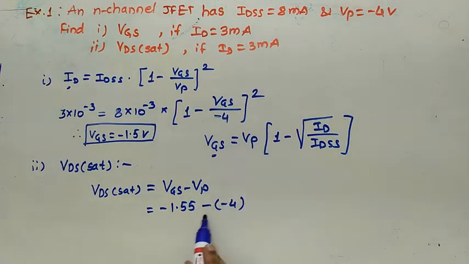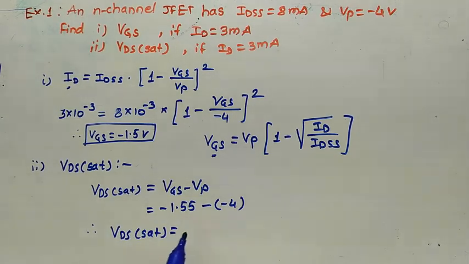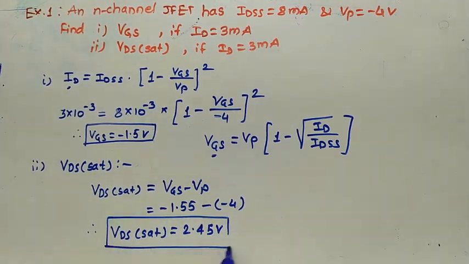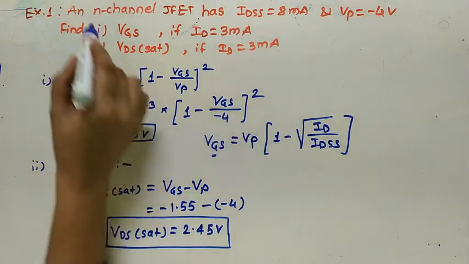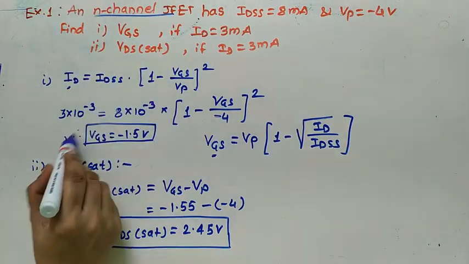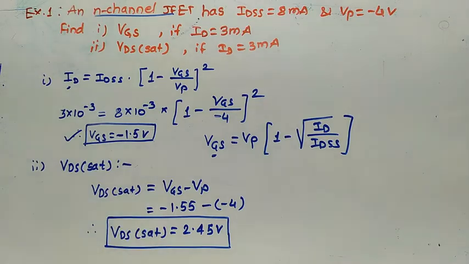So minus 4 will become plus, and plus 4 minus 1.55 is the value of VDS sat. So the VDS sat value will be equal to 2.45 volt, which is a positive value. For N channel JFET, our value of VGS is always negative.